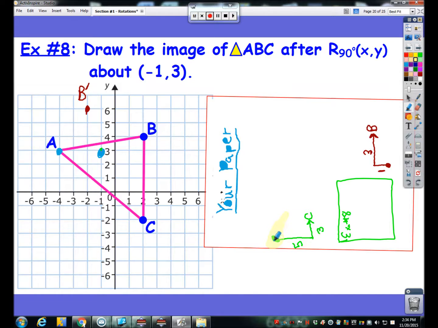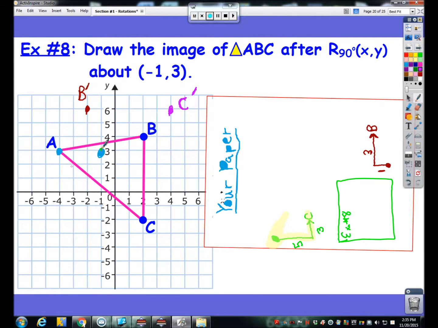From the center of rotation, we need to move 5 to the right and up 3 to find C prime. So from the center of rotation, we move right 5, 1, 2, 3, 4, 5, and then up 1, 2, 3. Here is where C prime should be. And we've got 2 out of 3 done.